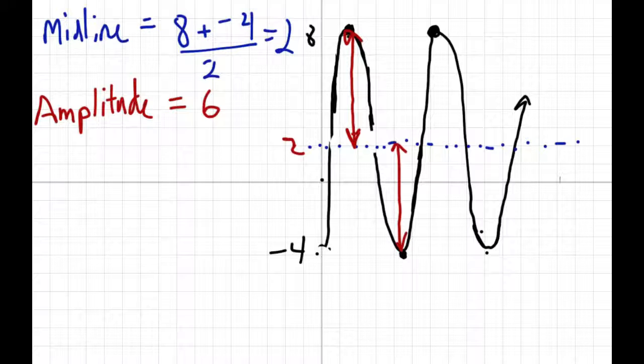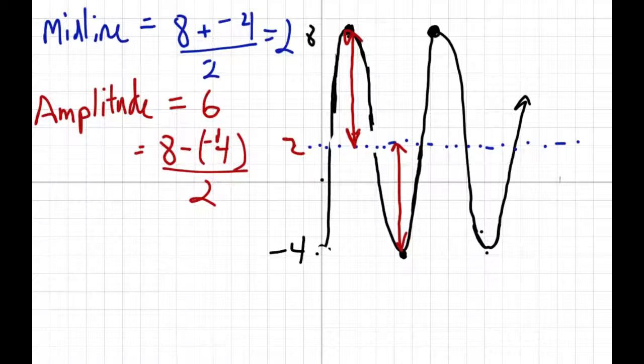There's also a formula: the highest spot minus the lowest spot, just like we did the midline, except it's a subtraction instead of adding, and then divide by 2. So 8 minus -4 gives us plus 12, divided by 2, which is 6. Either way, use the diagram, use common sense, or use the formula, whichever.